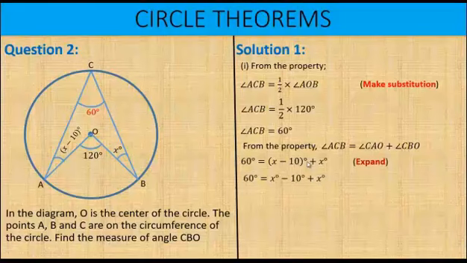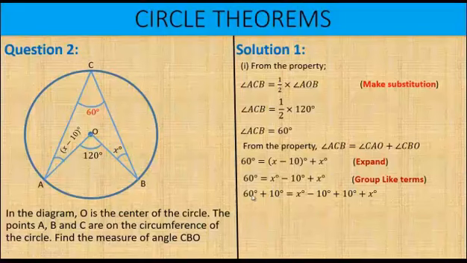We just expand, and we get 60 degrees is equal to x degrees minus 10 degrees plus x degrees. We group like terms. We want the negative 10 degrees to be where the 60 degrees is, so we add its additive inverse, positive 10, to both sides of the equation.